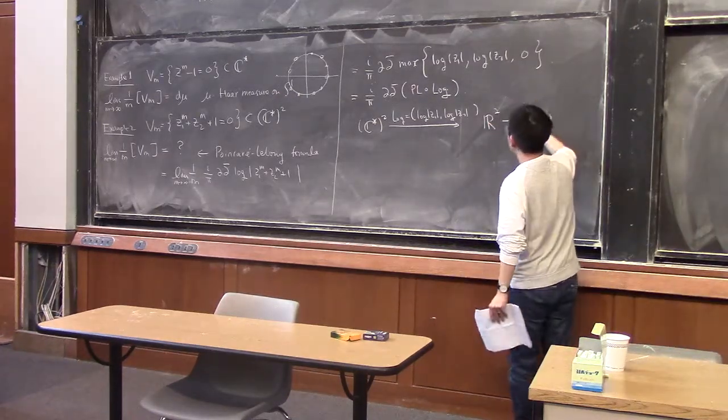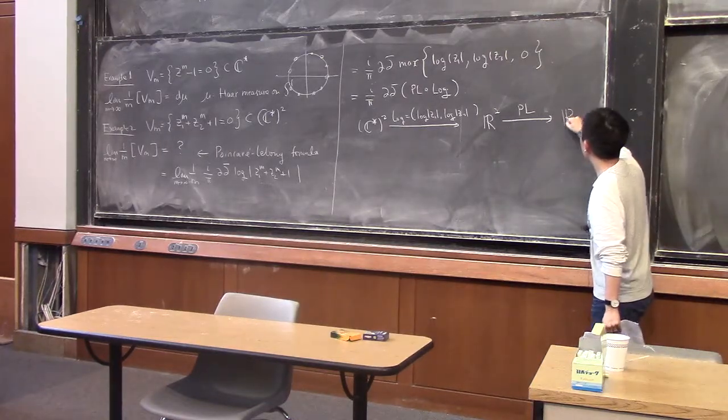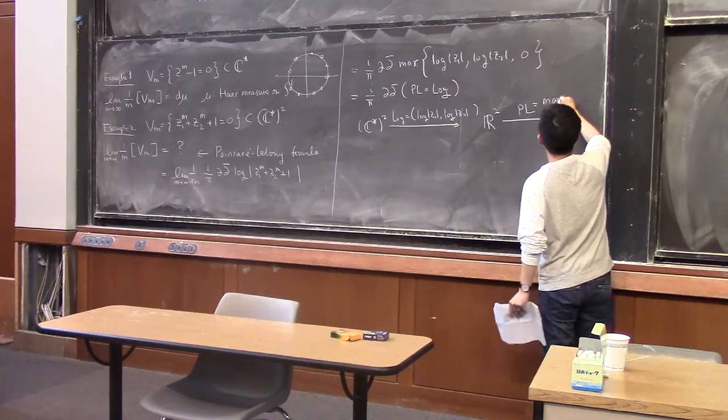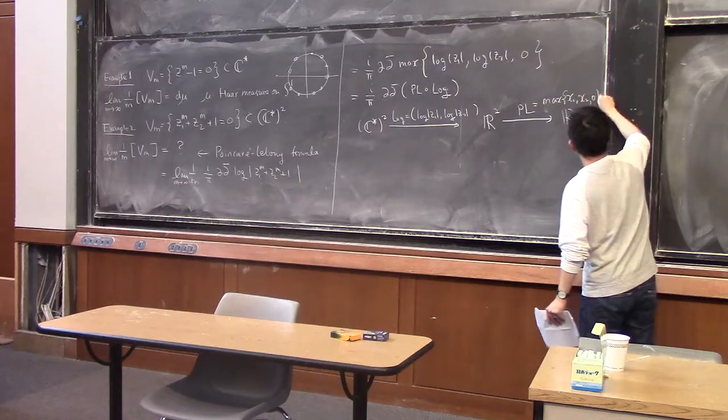And the piecewise linear function, in our case, is a function from R2 to R, which is simply the maximum among the first coordinate function, second coordinate function, and 0.